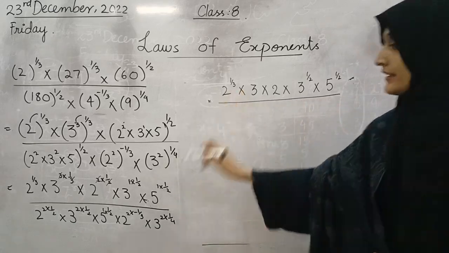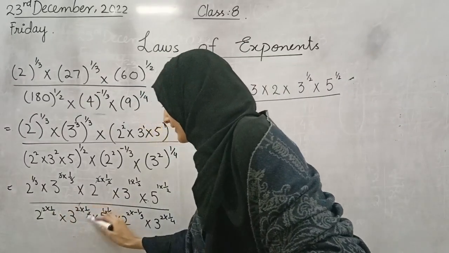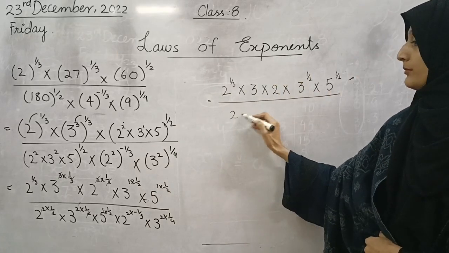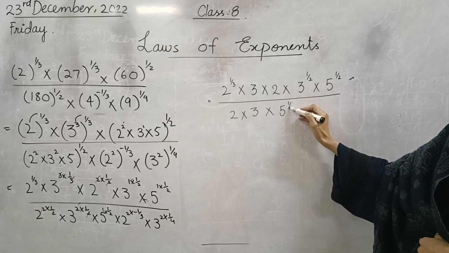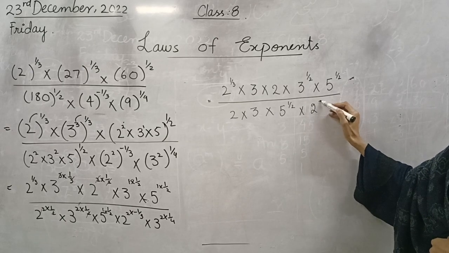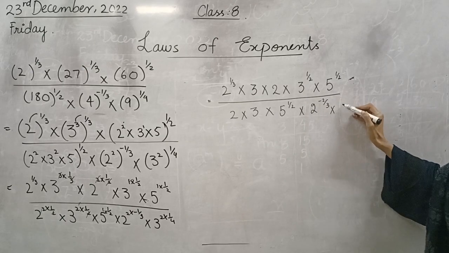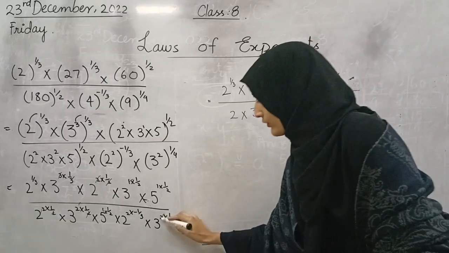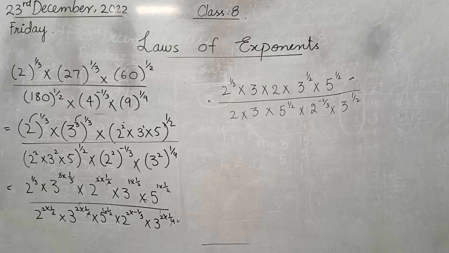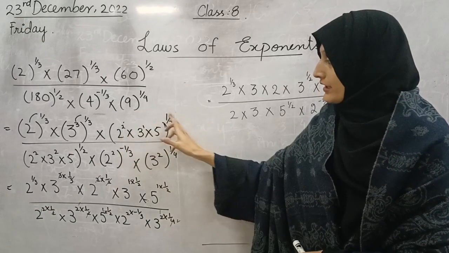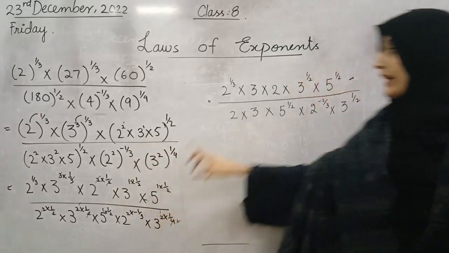In the denominator, this will cancel: 2 multiply 3 multiply 5 raised to power 1 by 2 multiply 2 raised to power minus 2 by 3 and 3 raised to power 2 times 1 by 4, which is 3 raised to power 1 by 2. Is this step clear? I applied the law of exponent, each power to each base, and then simplified.